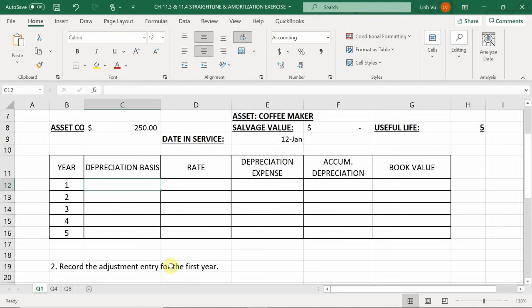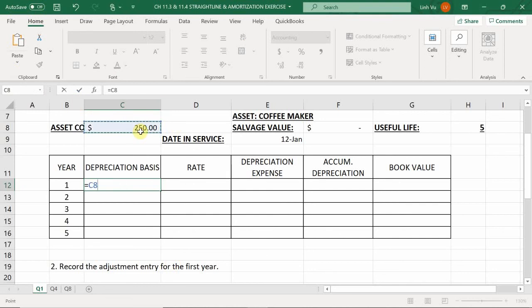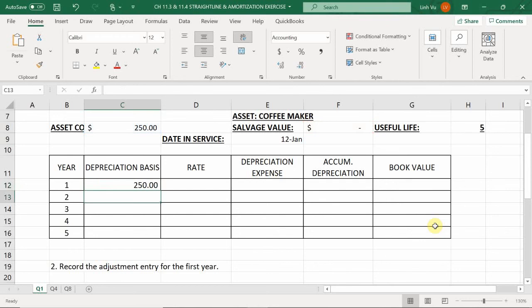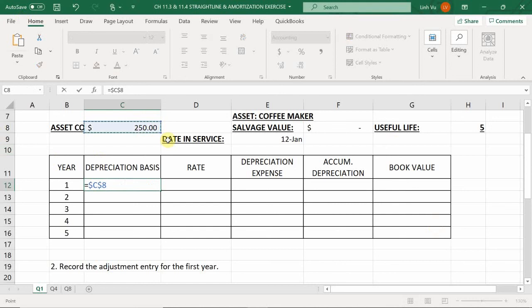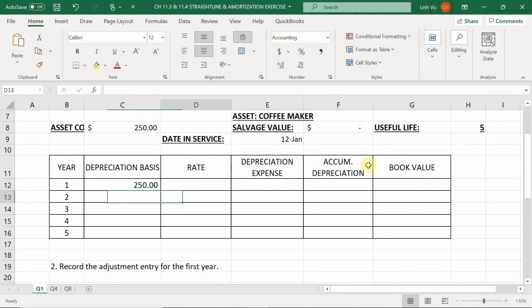So in this case, what is my depreciation basis? The 250. Good. It's your asset cost minus your salvage value of 0, which gives you 250. Wait, let me fix that real quick. So it's this one minus this one. Okay, 250.